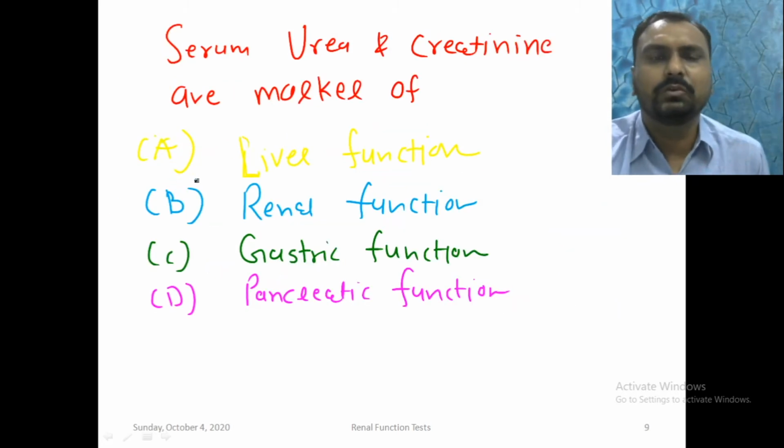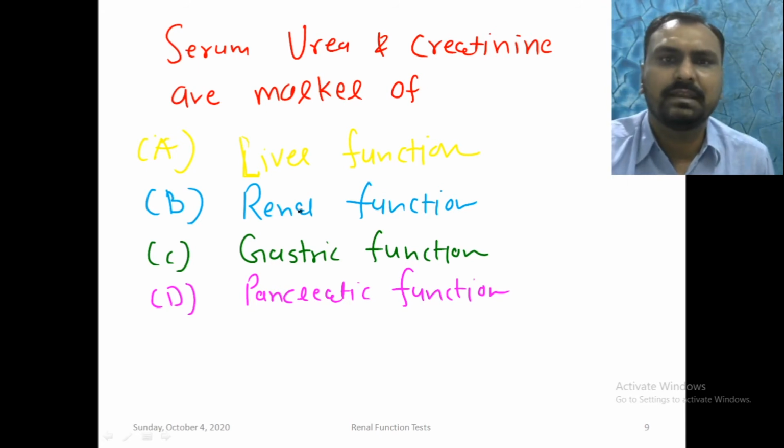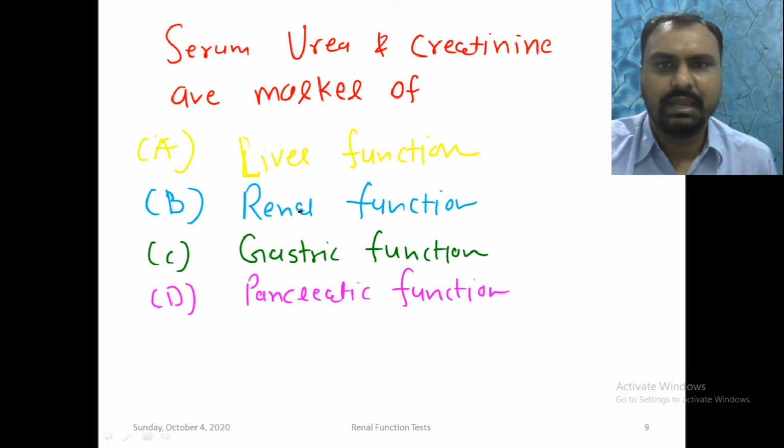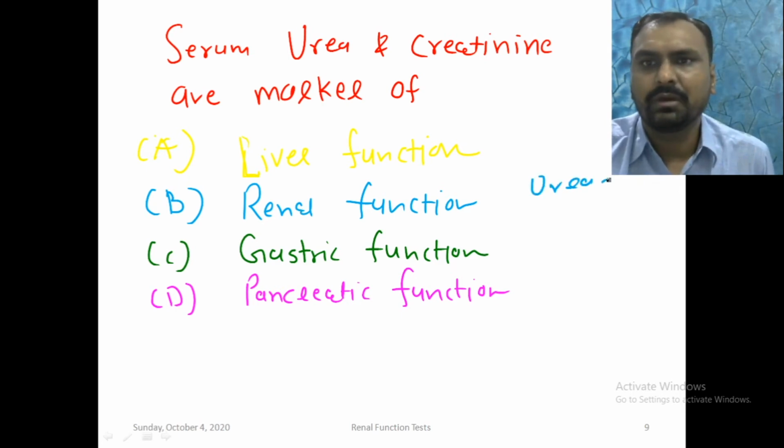Now next MCQ: serum urea and serum creatinine are the marker of A, liver function, B, renal function, C, gastric function, or D, pancreatic function. As we know, urea is an end product of protein metabolism, and it will be excreted in urine.